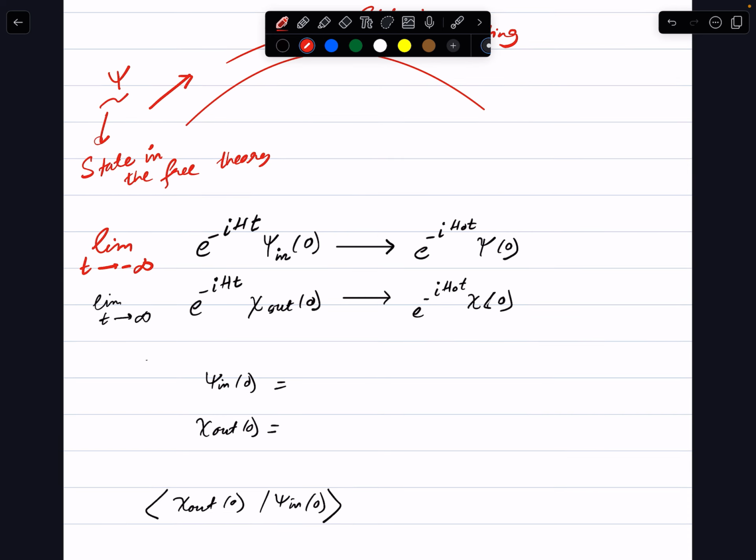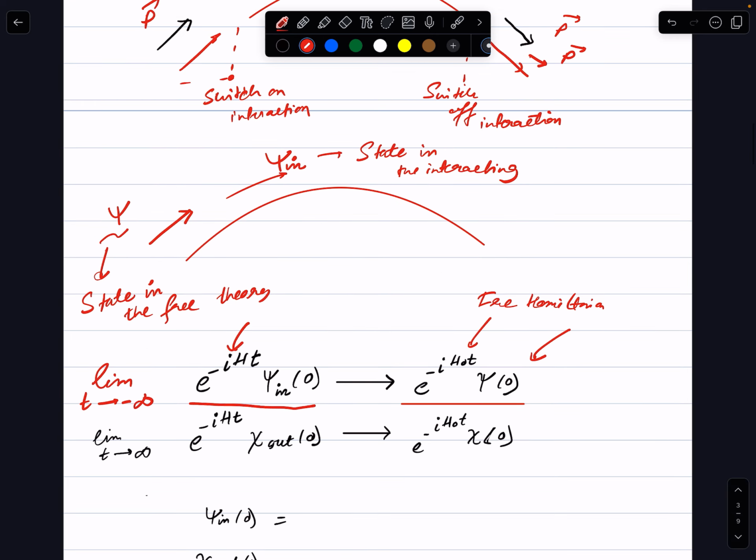this psi in, which is evolving with the full Hamiltonian, has an evolution that looks like the evolution of some state psi 0 with the free Hamiltonian. So psi 0 is like the free particle; in the gravity example, psi 0 is like the free particle which I have thrown. There is no gravity, just like this.